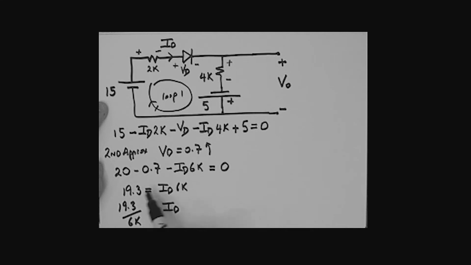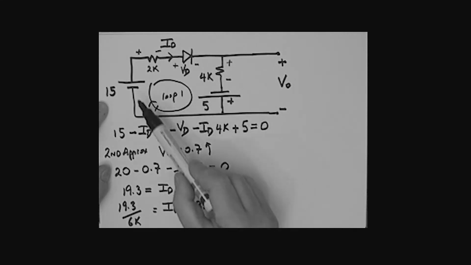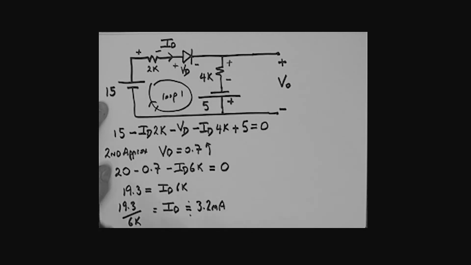I'm just dividing both sides by 6K. If you care to work that out, it comes out to approximately 3.2 milliamps.